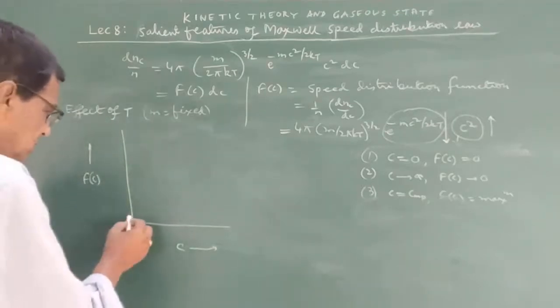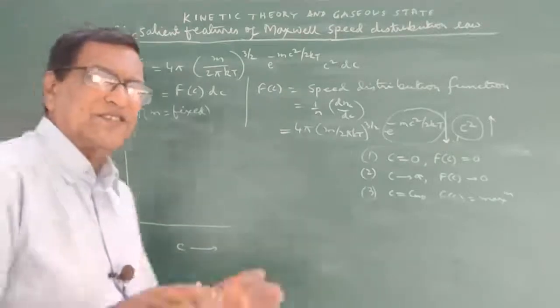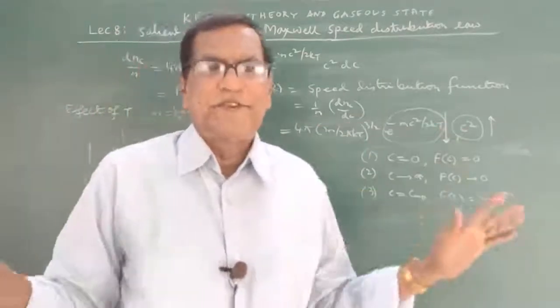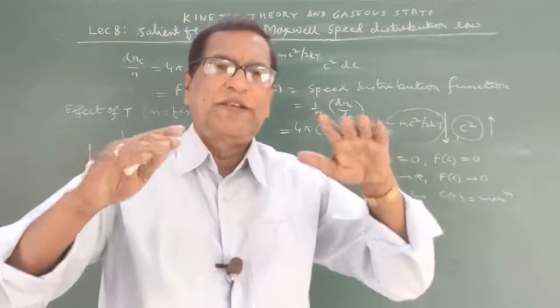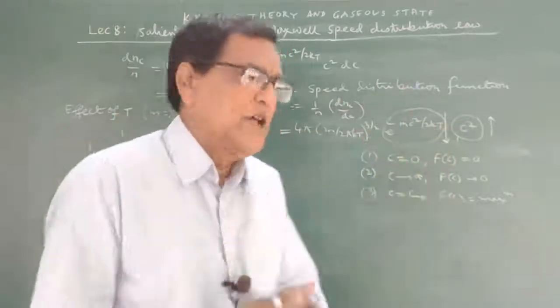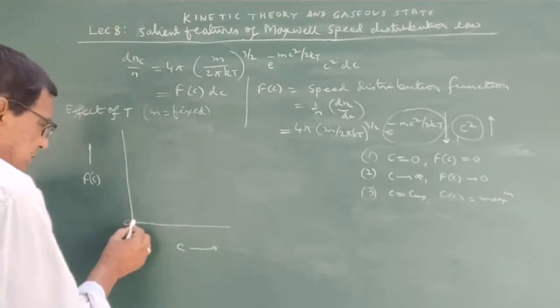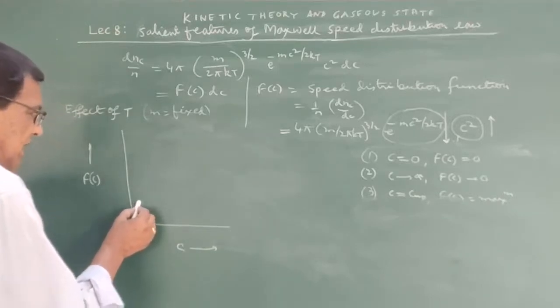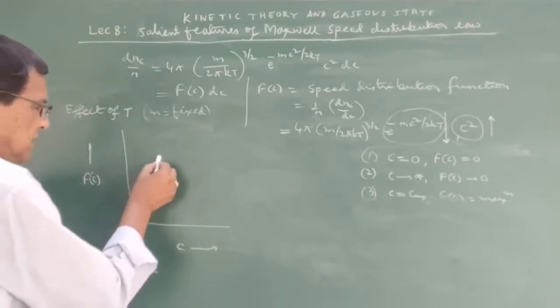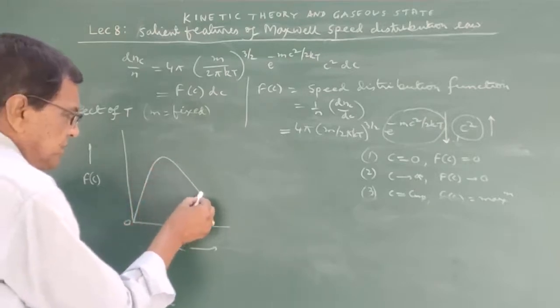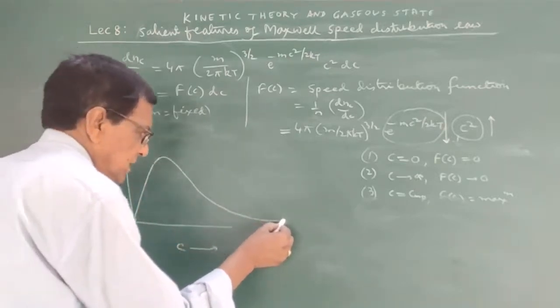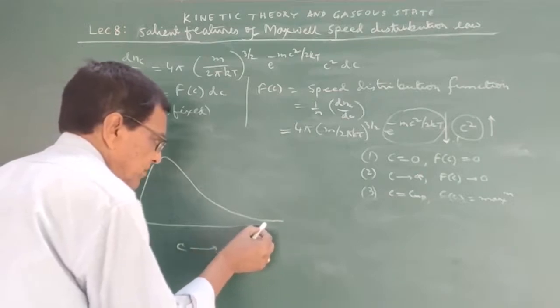Suppose we have considered only two temperatures, one lower temperature and the other high temperature. So at lower temperature T1, this curve becomes like this one and attains the maximum, and then decreases to an asymptotic value.